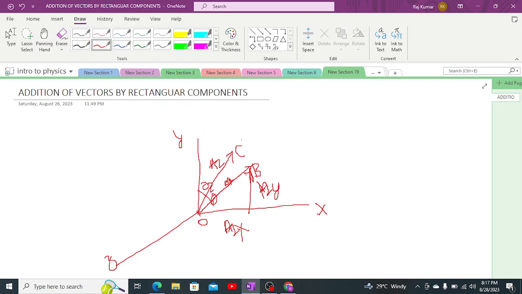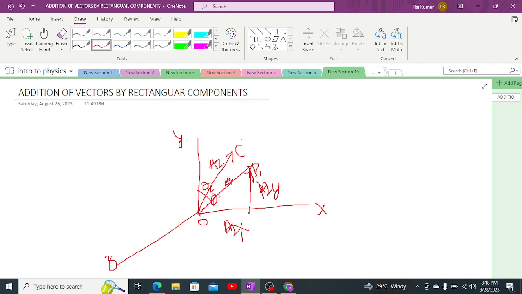Two vectors a1 and a2 having magnitudes a1 and a2, which are represented by lines OB and OC respectively, making angles theta 1 and theta 2 along the x-axis.